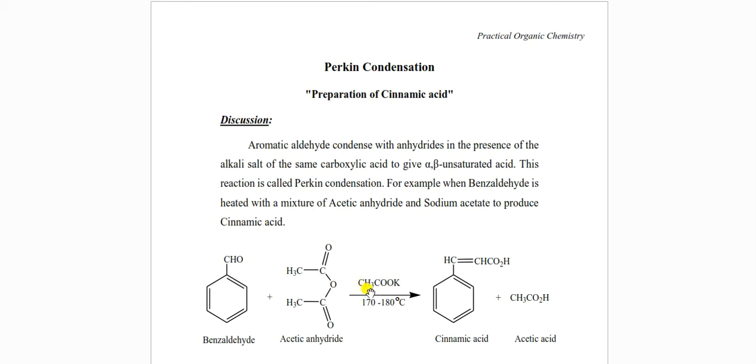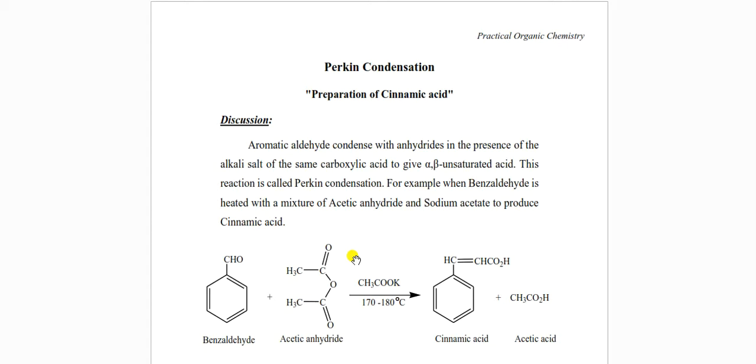If there is CH3CH2 in the anhydride, we have to use CH3CH2COOK or sodium salt. So whatever anhydride we have as starting material number 2, we have to use the same alkali salt with the same carbon atoms. Both of them should be derivatives of the same carboxylic acid.